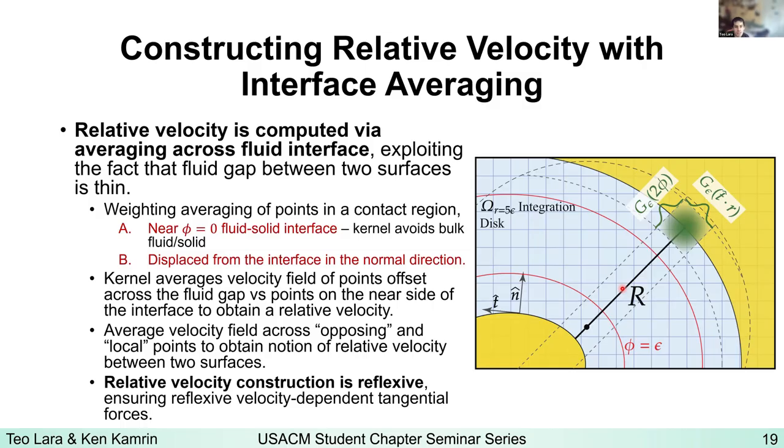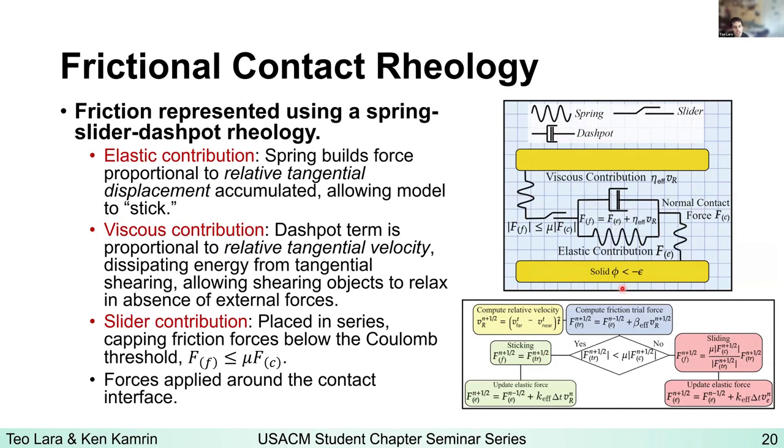And then once you have this relative velocity field, you can construct a frictional contact rheology. We use a spring slider dashpot rheology, right, inspired by the motion of granular medium and Ken's work modeling granular medium. There is an elastic contribution to the frictional forces, right? This spring builds force proportional to the relative displacement between our two sliding bodies. And this allows the two bodies to stick together and stay sticking together due to frictional interactions.